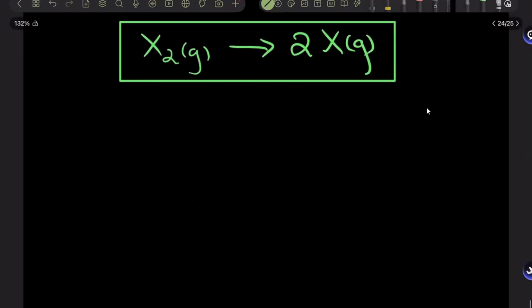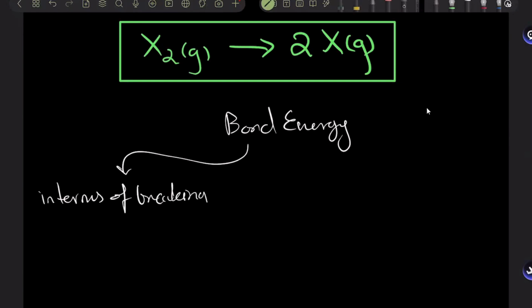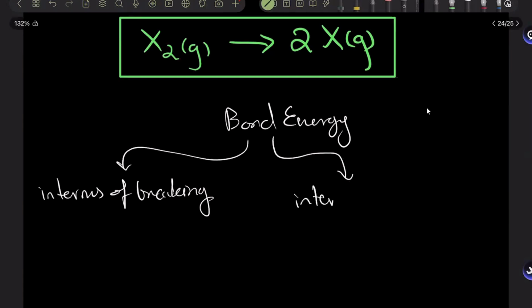Now, bond energy has 2 ways of defining it: either in terms of breaking a bond or in terms of formation. In our syllabus, we always define it in terms of breaking, not in terms of formation.